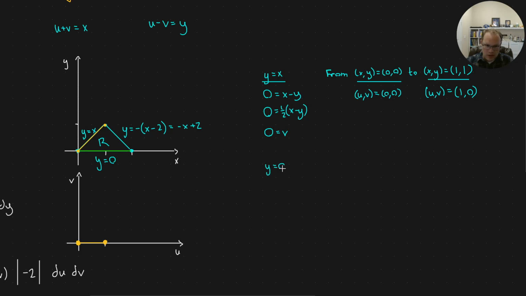So for y equals 0, what's the best way to approach that? I could just plug it in here. Okay? Y equals 0, I'm just going to plug u minus v in for y. And so that means u and v are equal. Okay? So it's going to be this line here. All right? Now what I need to do is find the bounds.